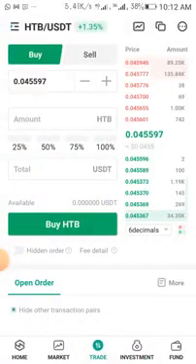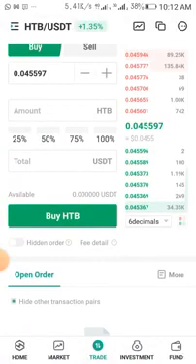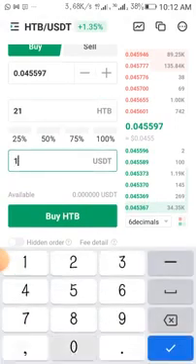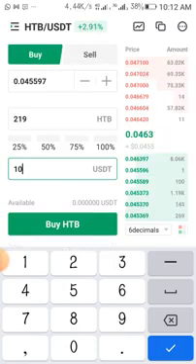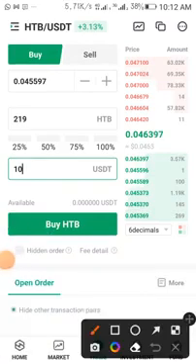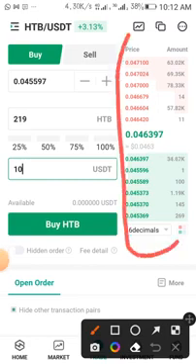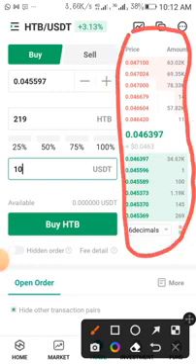If you want to buy, let's say, $10 worth of Hotbit token, let me make one point clearly here. Look at this place. You always see this in every market, every exchange: this price list, always moving.